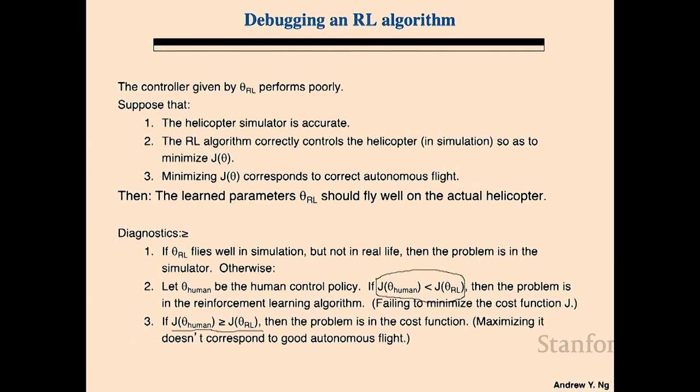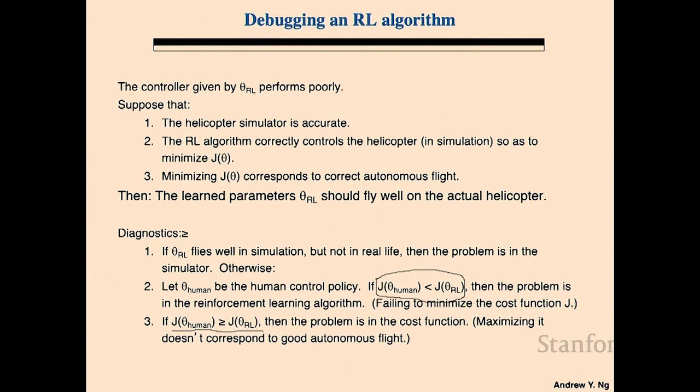But in this last case, you know that finding such a small value of J of theta doesn't correspond to flying well, because a human doesn't achieve such a good value in the cost function, but the helicopter just looks better or is flying in a more satisfactory way. And that tells you that the squared error cost function is not the right cost function for what flying accurately means.